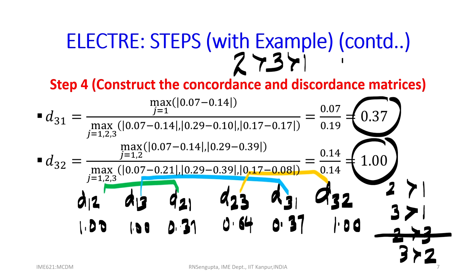In that case, the ranking would be 2 is better than 1, 3 is better than 1, and if 3 is better than 2, then obviously the ranking would have been 3, 2, 1. So, you could have analyzed them on the discomfort level, which is basically looking at the other side: the lower the discomfort, the more the profit or the more positive value.